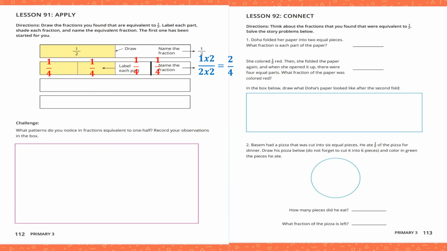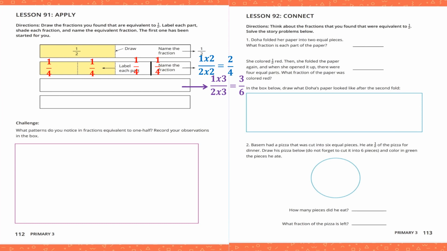Another fraction. Let's multiply the numerator and the denominator by 3. 1 times 3 equals 3. 2 times 3 equals 6. 3 over 6. The denominator is 6. So I need to divide the bar into 6 equal parts.